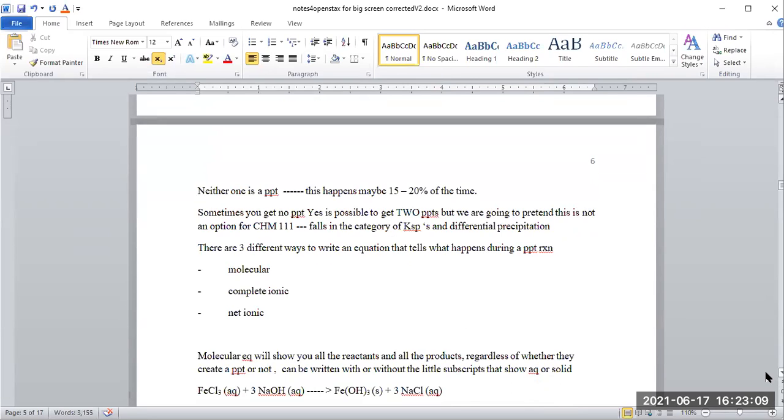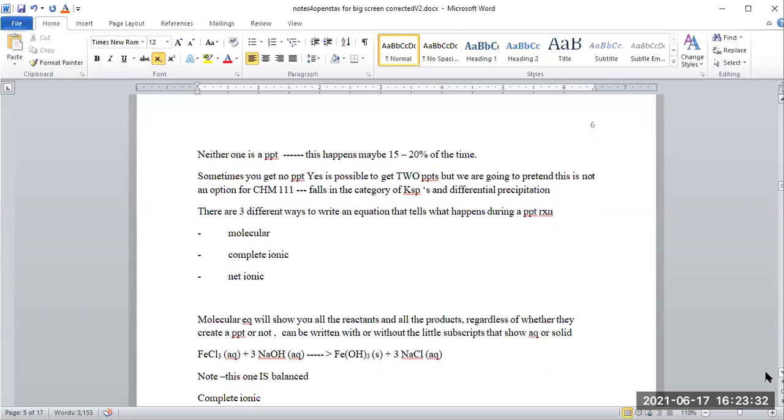I will say that of the three, the middle one, the complete ionic one, I won't call it unimportant, but it is of somewhat lesser importance than the other two. All right, so let's work our way through this.